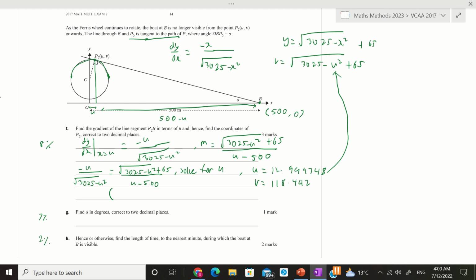So anyways, we wanted two decimal places. Our x coordinate is going to be 13, because if I'm rounding 12.999 to two decimal places, I'm going to go to 13.00. And then our y coordinate is going to be 118.44.